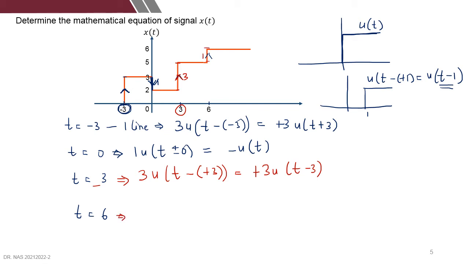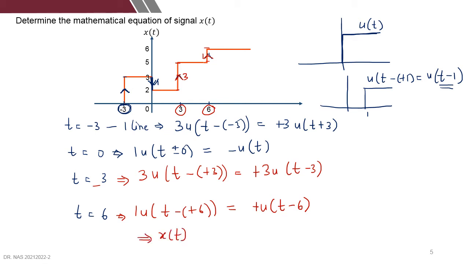The amplitude is only 1, so 1 u(t) minus, what's your current position? Positive 6. So it is equal to u(t) minus 6. How about the flow? It's going up, it's positive. So now you just need to list them all.